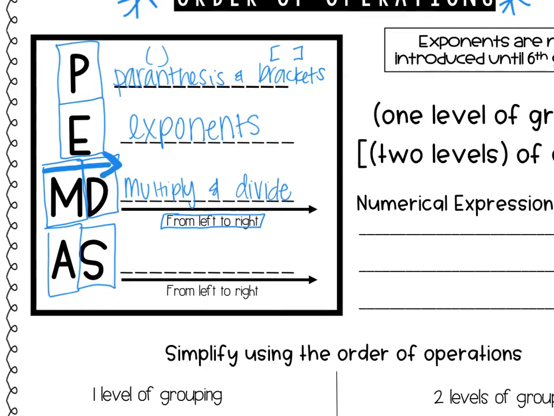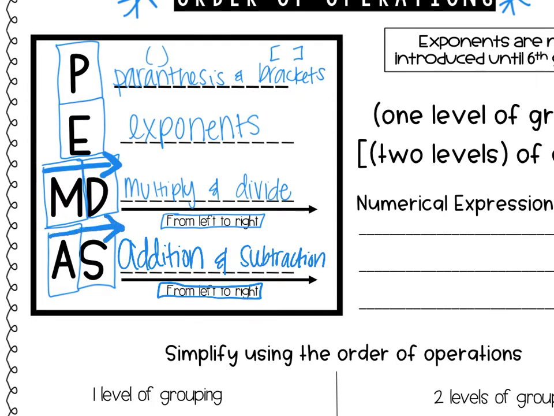The A stands for addition, and the S stands for subtraction. Addition and subtraction are also to be solved from left to right. So if you will draw an arrow with me above the A and the S to remind us that it goes from left to right.